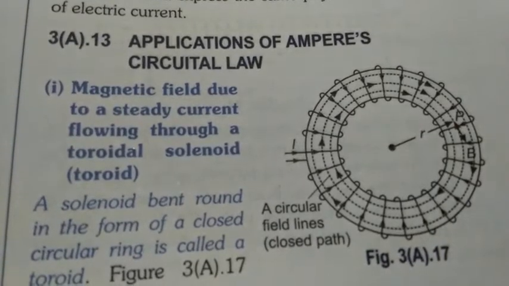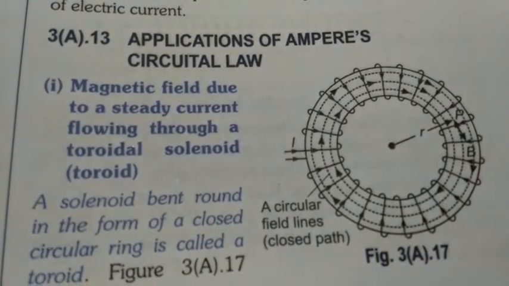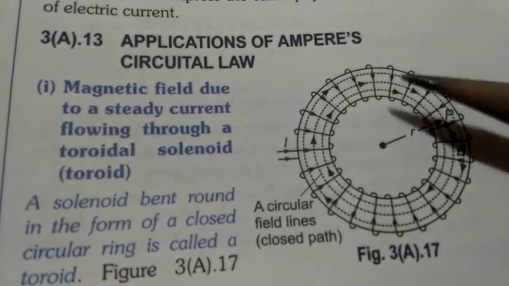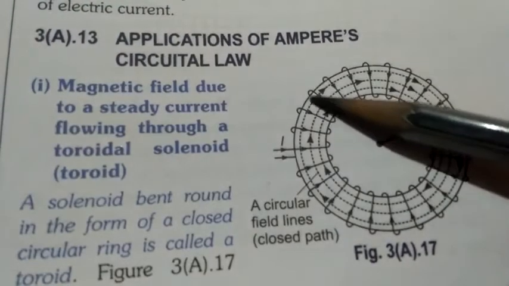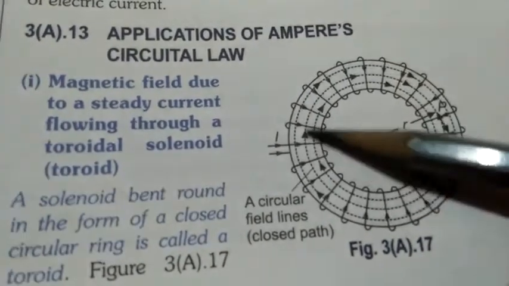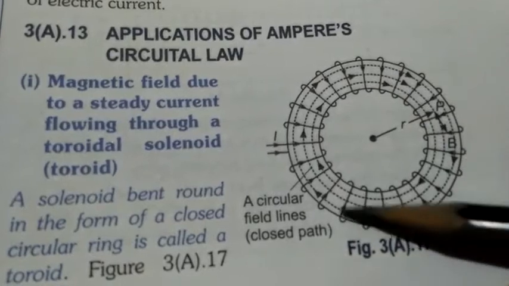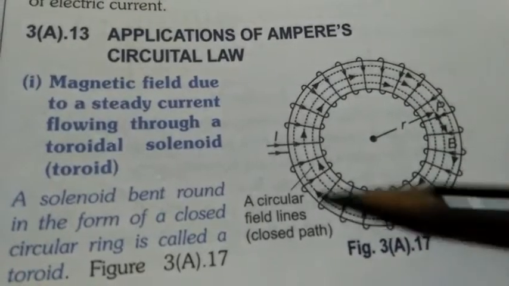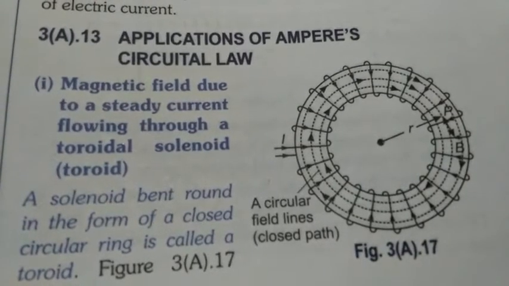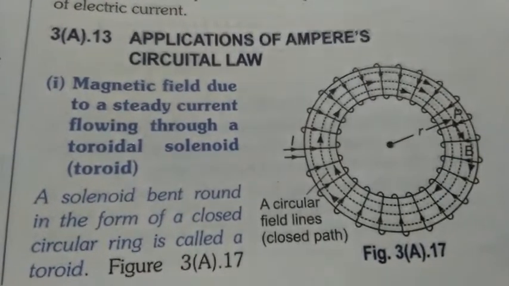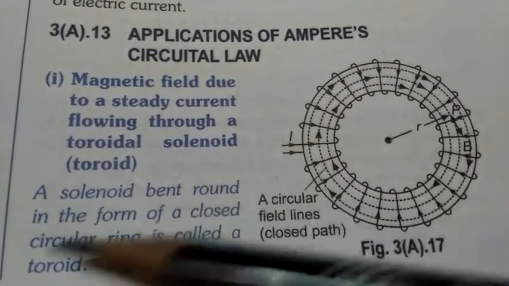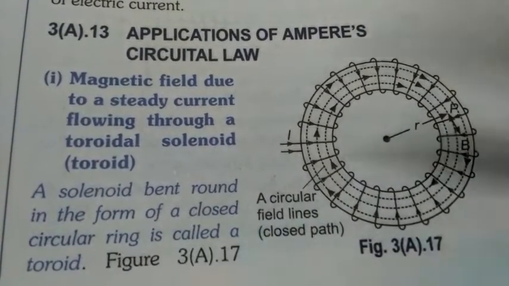When the solenoid is bent in such a form that it makes a circle, when these turns of solenoid are bent in such a manner that they make a circle, it is called a toroid. Toroidal solenoid, or simply toroid, it is called. So a solenoid bent round in the form of a closed circular ring is called a toroid.